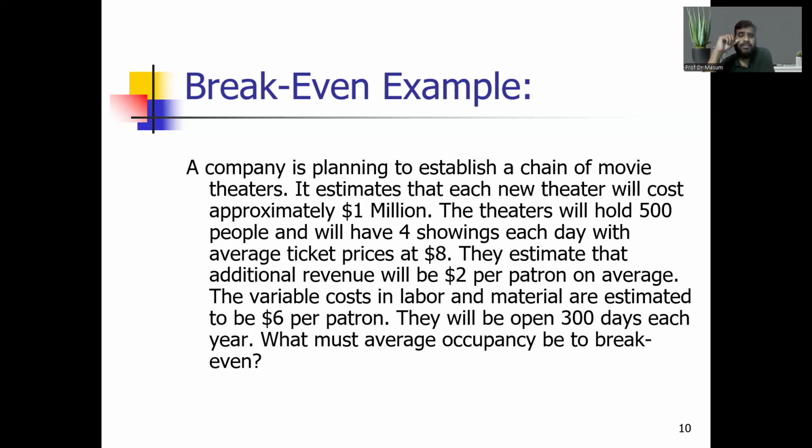So here, what is the fixed cost? It estimates that each new theater will cost approximately 1 million. 1 million will be your fixed cost for one theater. Are you getting it? Are you with me or sleeping?